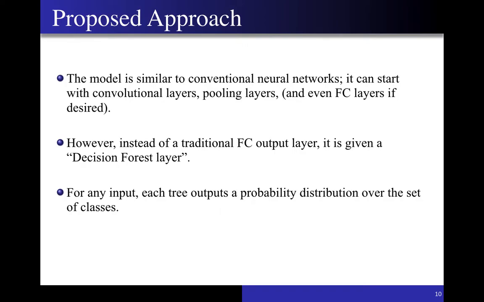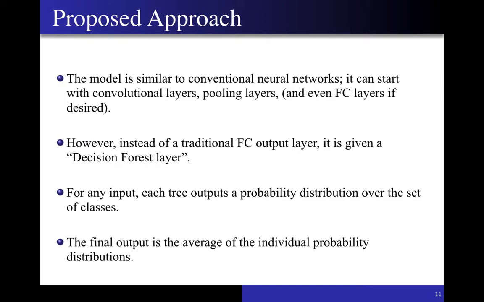For a given sample or input, each of these trees in the final decision forest layer gives a probability distribution over class as output, and each output of these individual trees is averaged to obtain the final output.